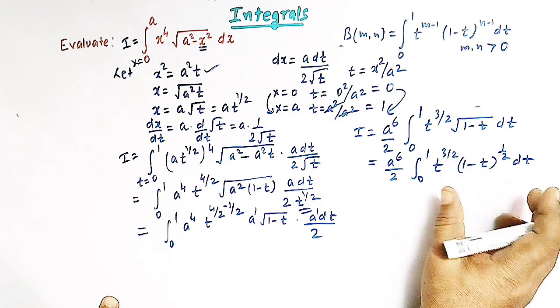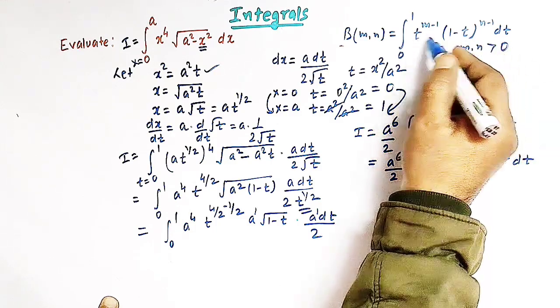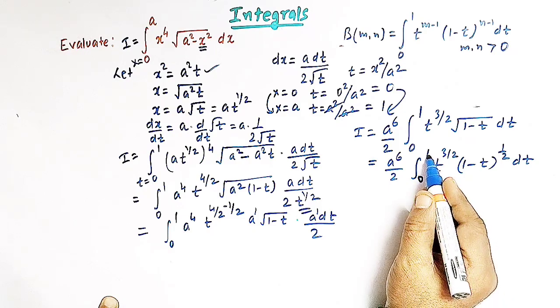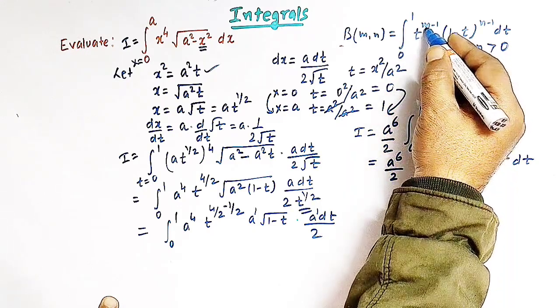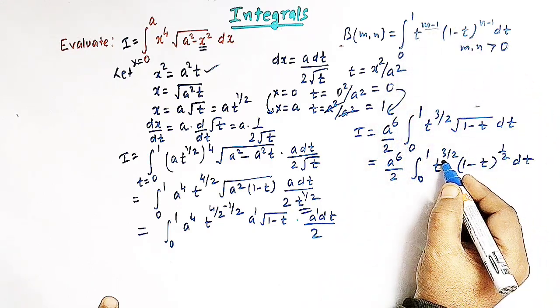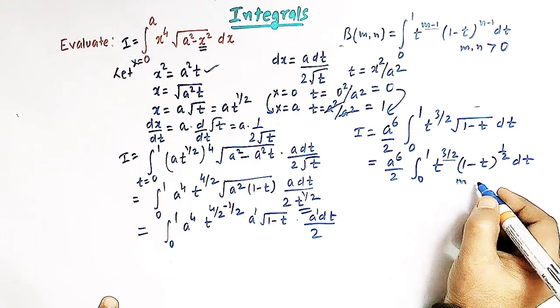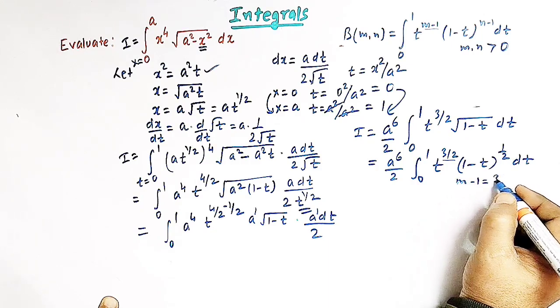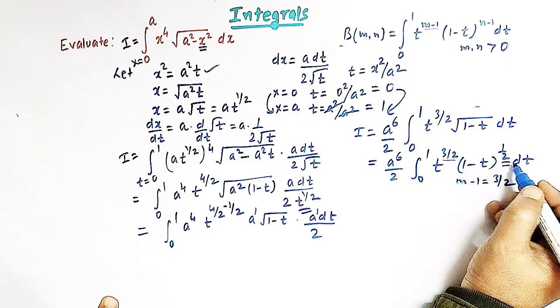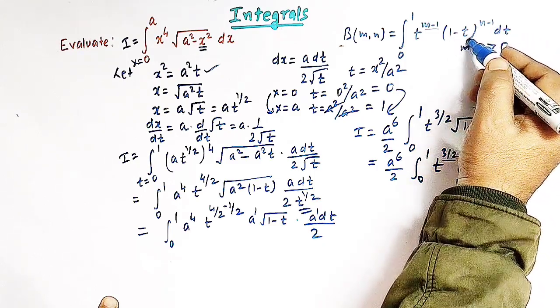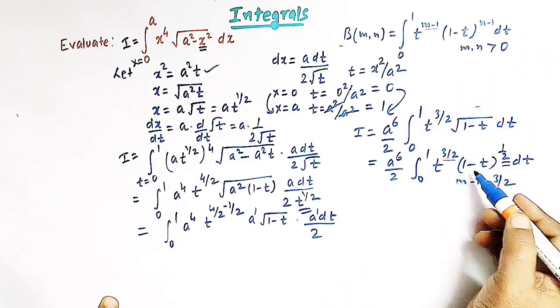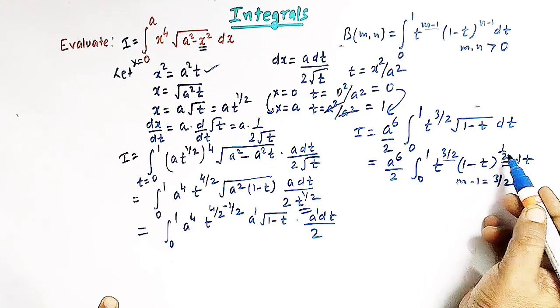So now if we compare this integral with this one, then we have 0 to 1, and here we have t raised to m minus 1. Here we have t raised to 3 by 2. So we can now write m minus 1 is equal to 3 by 2, and here we have 1 minus t raised to n minus 1. Here we have 1 minus t raised to half.